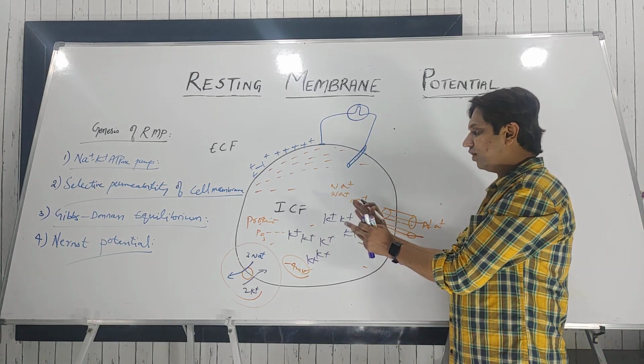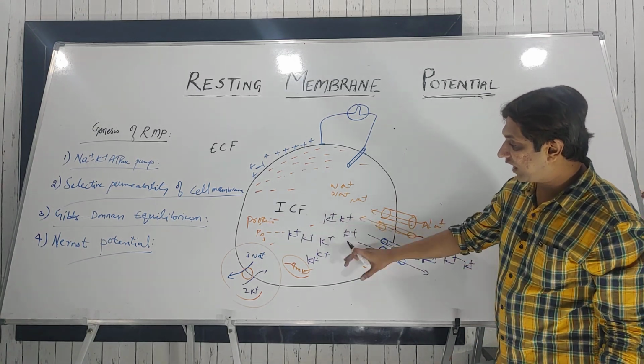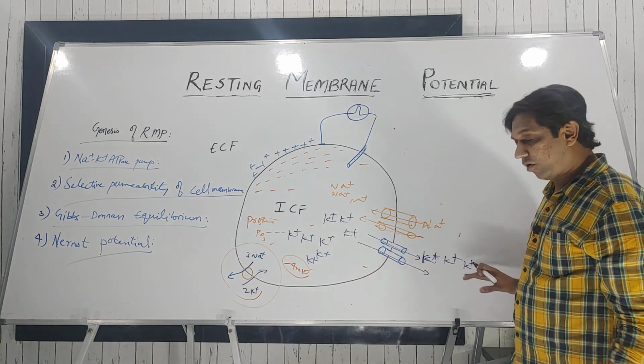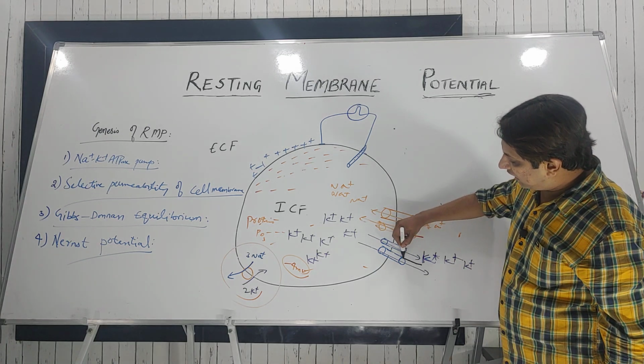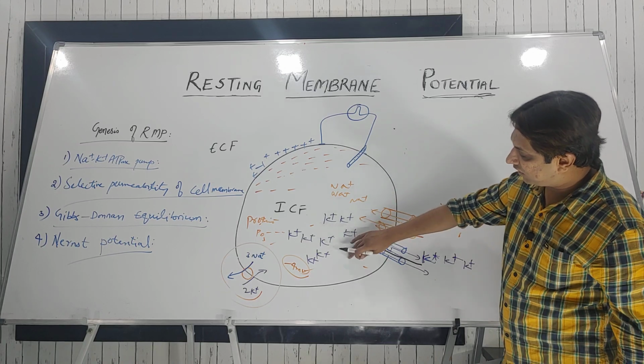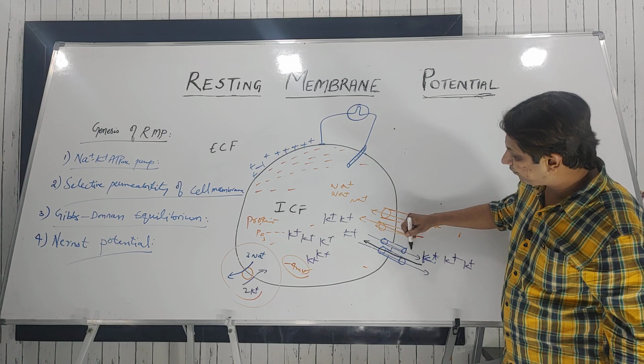Because of the concentration gradient, potassium is going outside and it is creating electronegativity inside the cell because of loss of positive charges. So now because of the electrical gradient, as negativity is increasing here, potassium will try to go inside this cell.